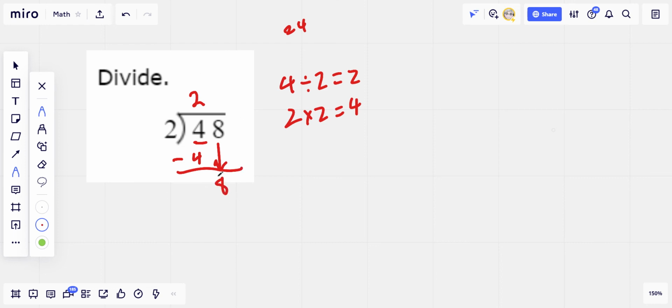Now we start again with this number. So we should be thinking, what's 8 divided by 2? Well, that's 4. So that is in our answer. We put it up there. Then we multiply that 4 times the 2. So 4 times 2 is 8. And then we subtract, and 8 minus 8 is 0.